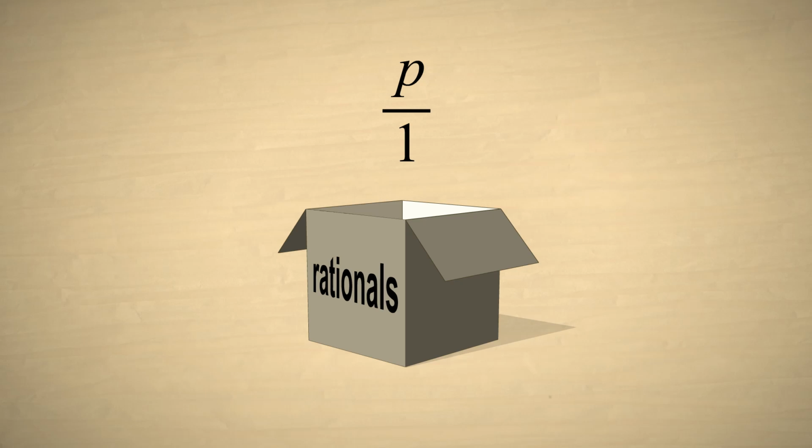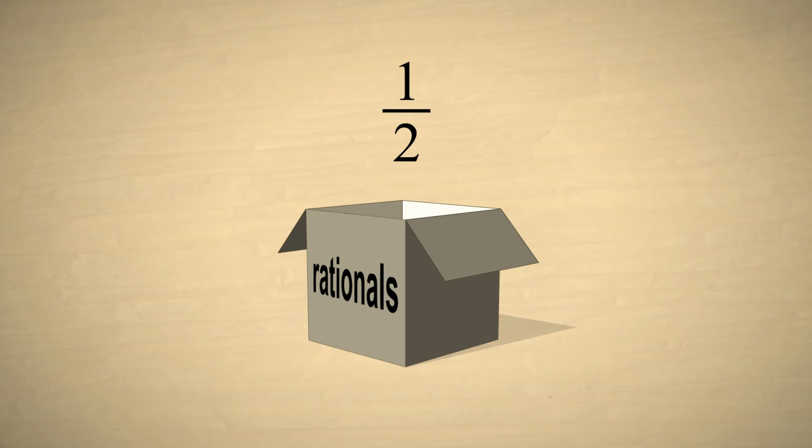Fractions can be thought of as ratios. For instance, if two quantities have a ratio of 2 to 1, this means that the first quantity is twice as large as the second. Likewise, a ratio of 1 to 2 means that the first quantity is half as large as the second. So the fraction 1/2 can be thought of as the ratio of integers 1 and 2.